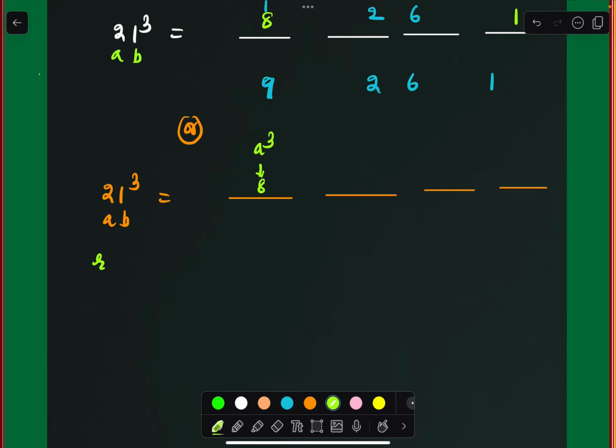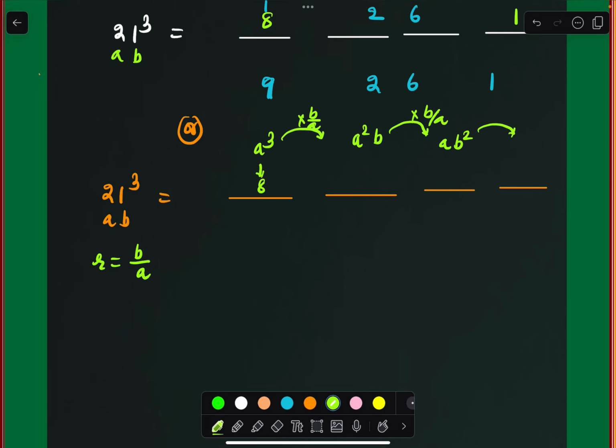Now multiply by the ratio here. What is the ratio? R value here is b by a, second term by first term, right? We'll multiply here by b by a, which is nothing but what here, I'm getting a square into b. Again if you multiply by b by a, what will happen? Its value, how much here, I'm getting ab square only.